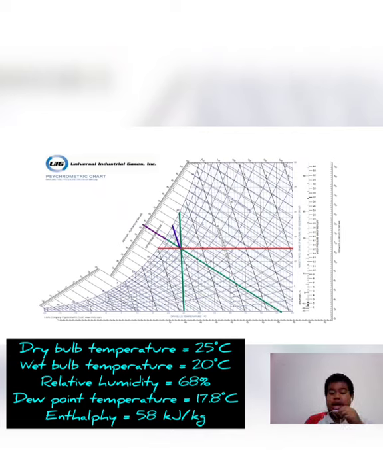So we got relative humidity is 68%. Dew point temperature, we got 17.8 degrees Celsius, and the enthalpy for question 1 is 58 kilojoule per kilogram.